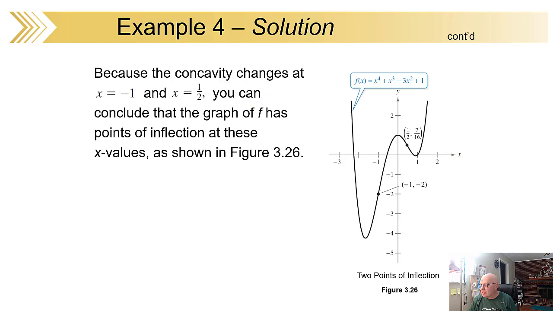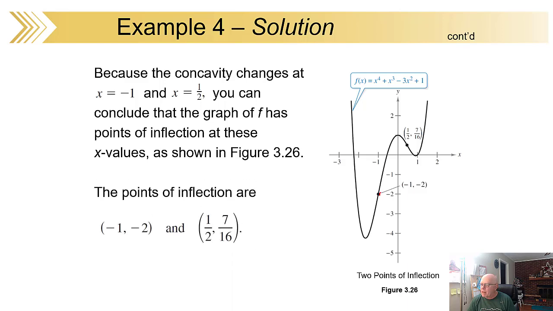Here's what it actually looks like, so you can see what's happening. On the first one, it's concave upward. Second interval, it's concave downward. And then the last one is concave upward. So the points of inflection are here and here.